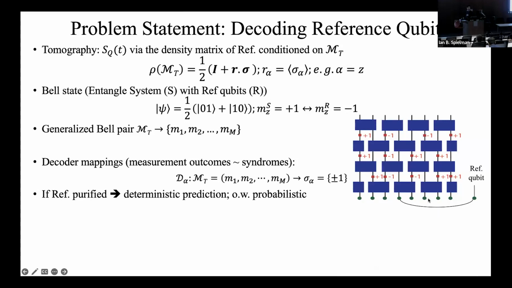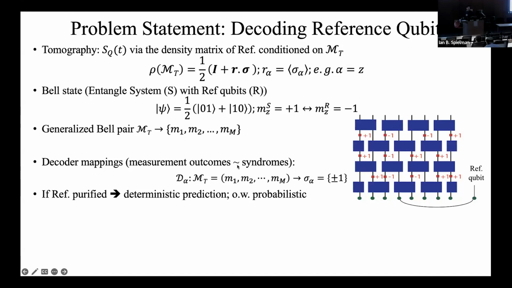So if we have more circuits, now the problem is that instead of one measurement, there are more measurements in the circuit that may determine the state of this reference qubit. So we have now translated the problem of determining the state of the reference qubit to this mapping from the measurement outcomes in the circuit to the state of the spin of the reference qubit.